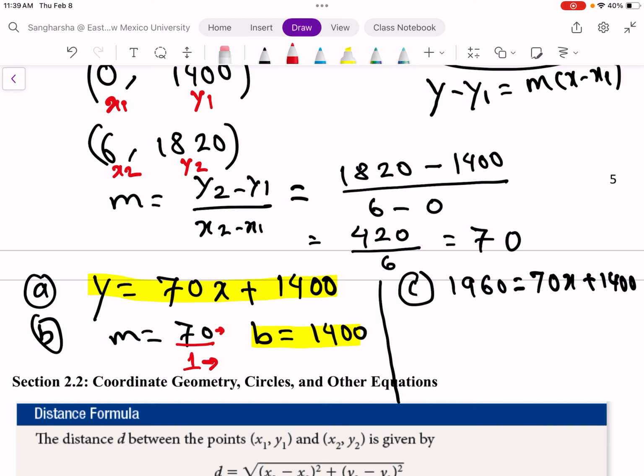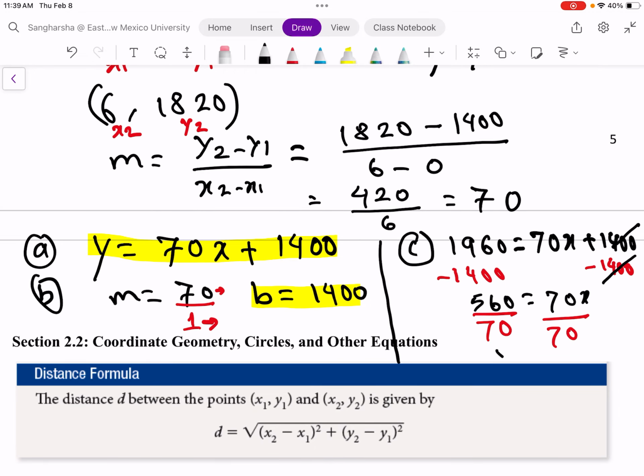For that we subtract 1400 on both sides. 1960 minus 1400, that is 560, equals 70x, since the 1400 and negative 1400 cancel. Now let's get rid of 70. You divide both sides by 70, and 560 divided by 70 is 8, equals x. So from here, x is 8.